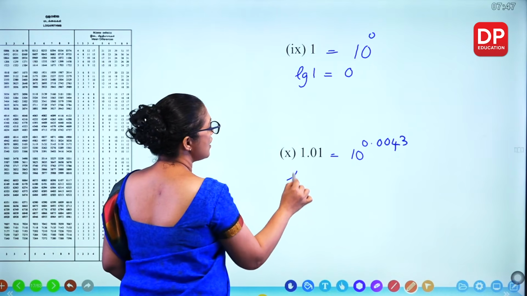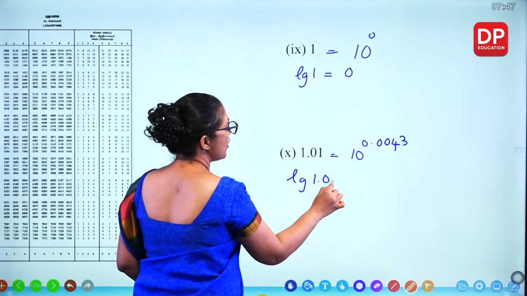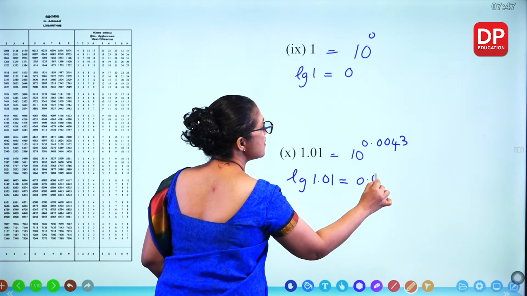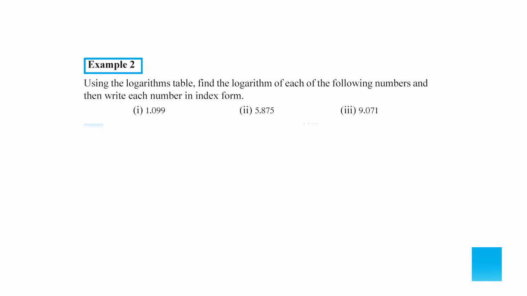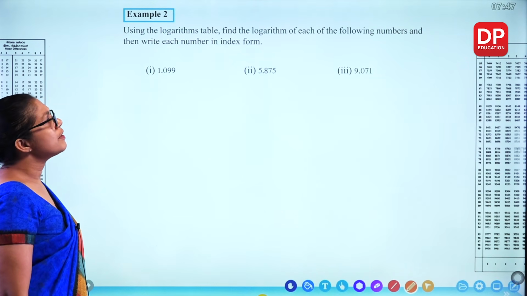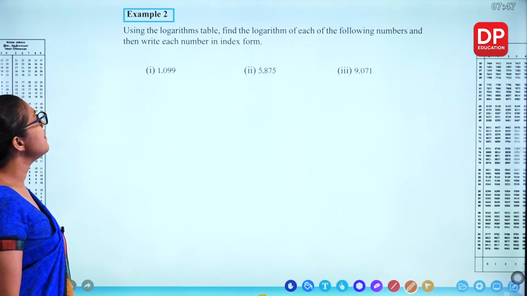So what's the LG number? LG of 1.01 is 0.0043.